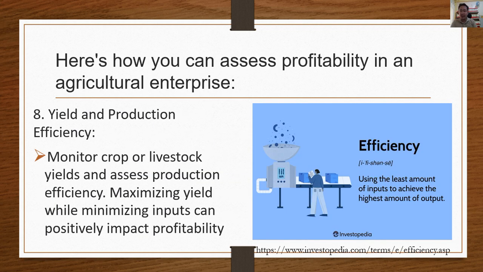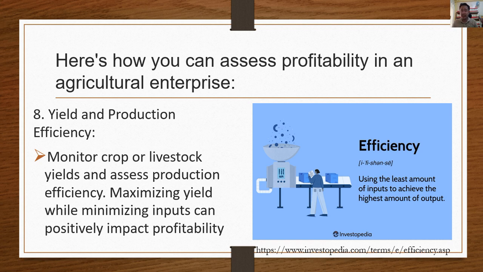Next is yield and production. Yield and production efficiency. So first, what is efficiency? Efficiency is using the least amount of inputs to achieve the highest amount of output. So monitor your crop or your livestock yield and assess production efficiency.